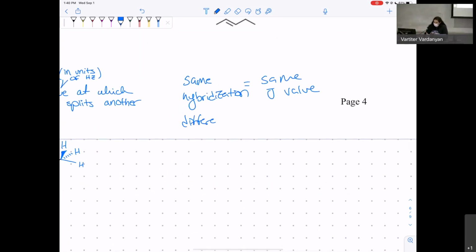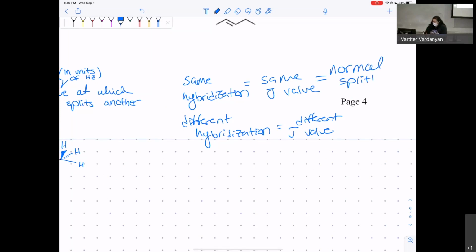Different hybridization equals different J value. And then we can take that one step further and say same J value is normal splitting, and different J values are complex splitting.